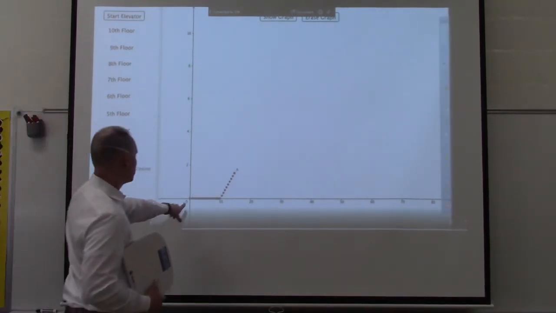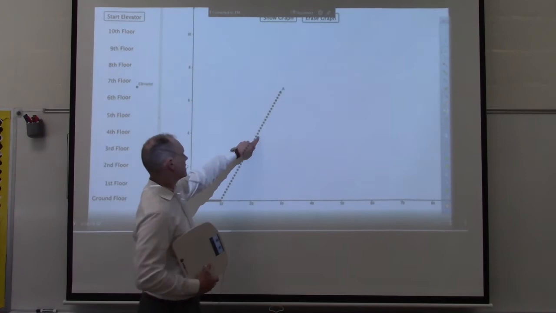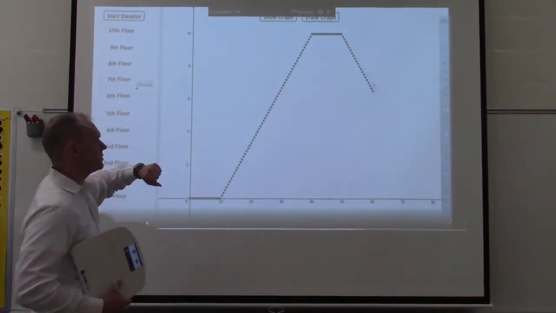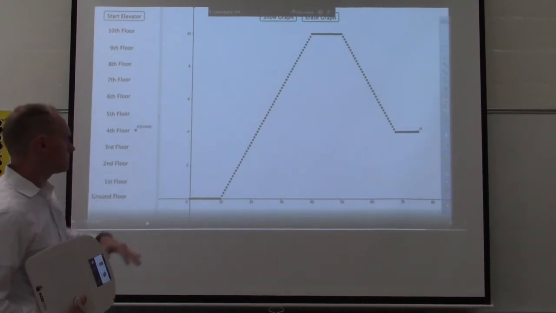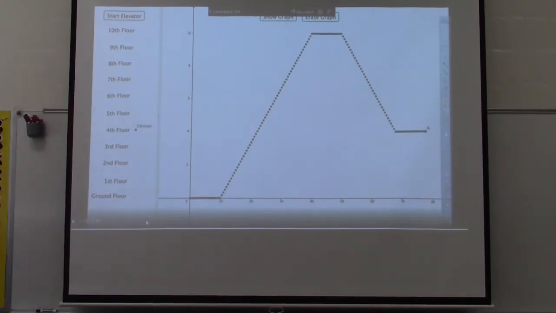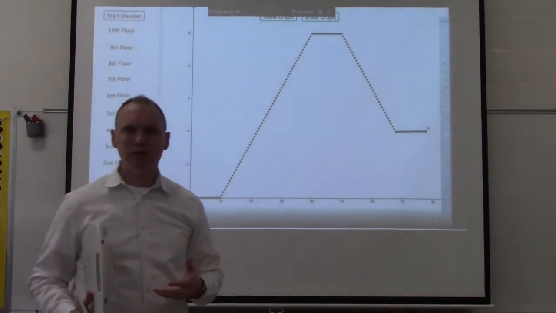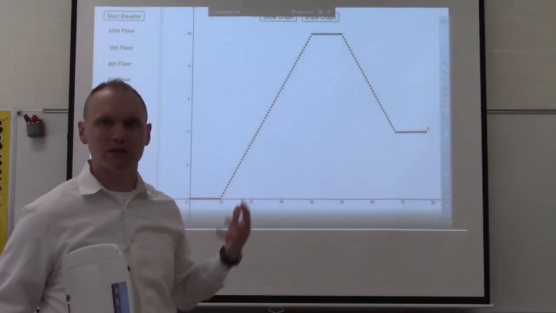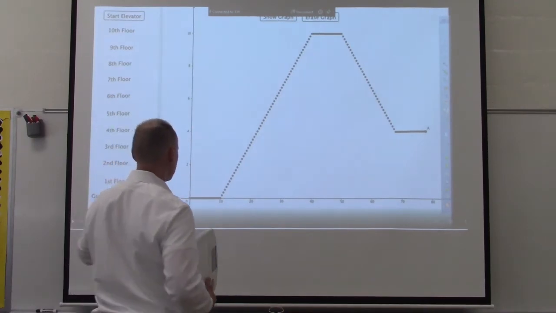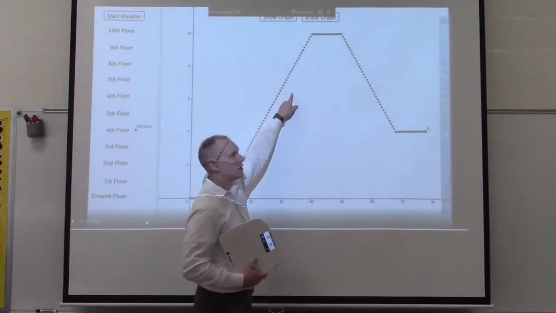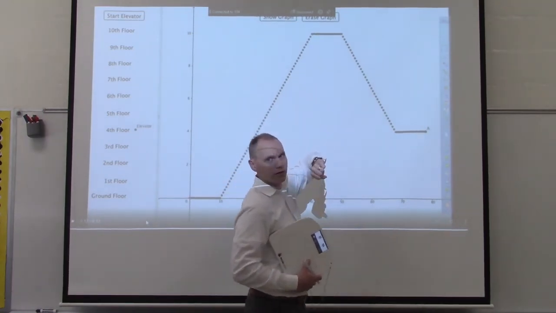So the elevator starts at the 0th floor, and then it increases gradually at a constant rate until it's at the 10th floor. Then it stays there for a second or two, and then it goes back down, and it stays at the 4th floor. We're assuming the elevator speed doesn't change, so it's a constant speed all the way up to the 10th floor.